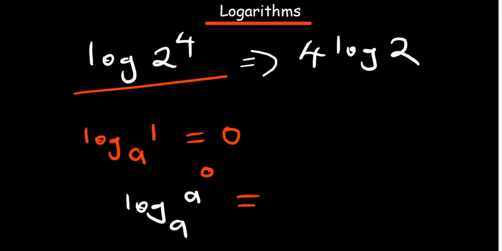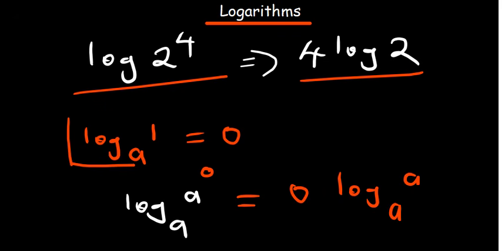So going back to that law, it's going to be 0 times log A. By the way, what you have down there is called the base of a logarithmic function.